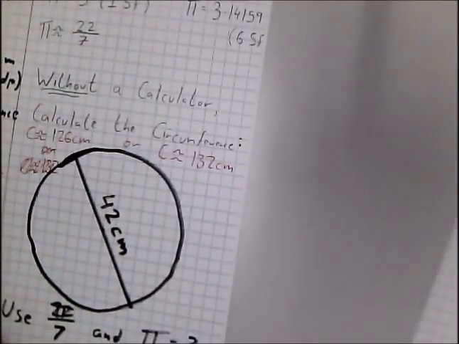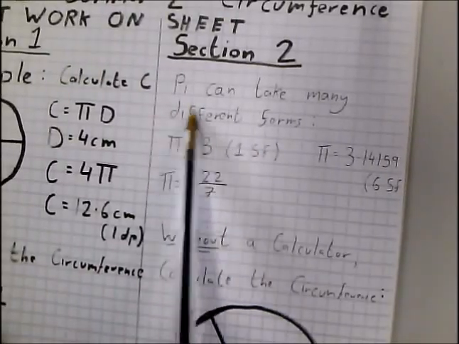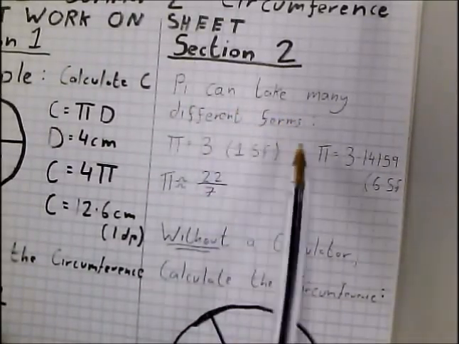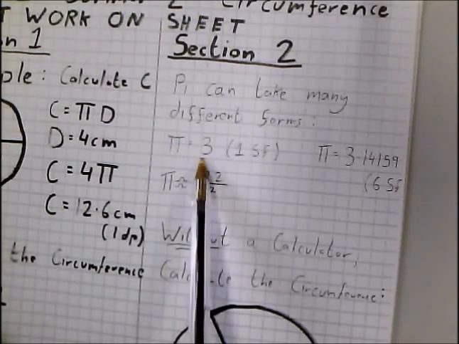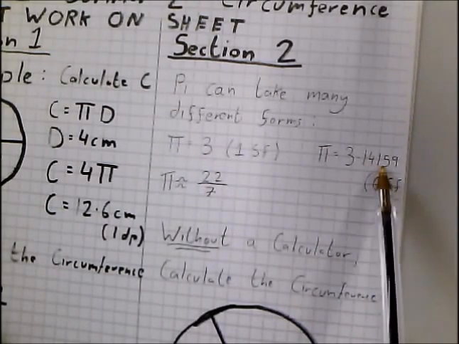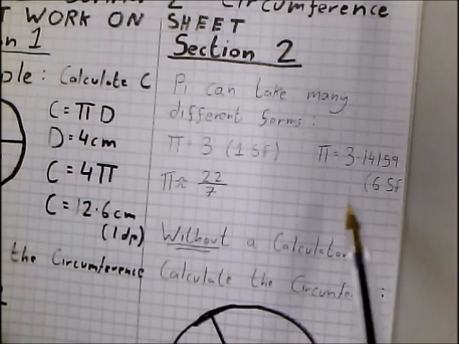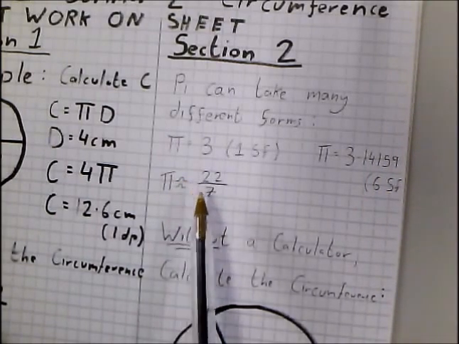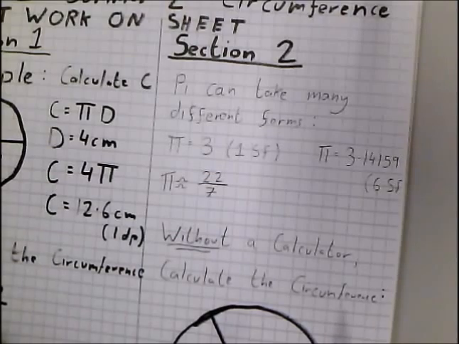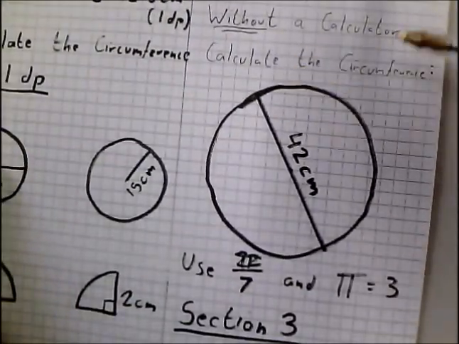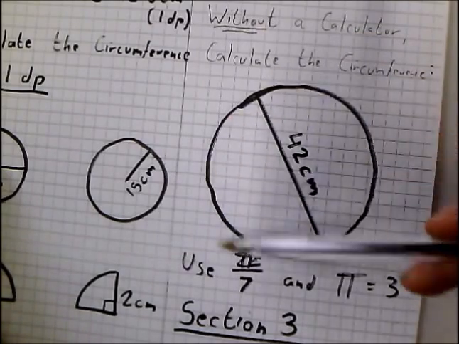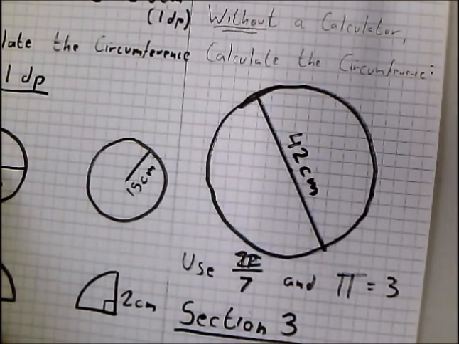So let's go to section 2 now. We're told that our value of pi has lots of different ways, so we can round it to 3 to one significant figure. We also know it's 3.14159 to 6 significant figures, and it's also approximately 22 over 7 as a fraction. We want to calculate the circumference of this circle without a calculator.